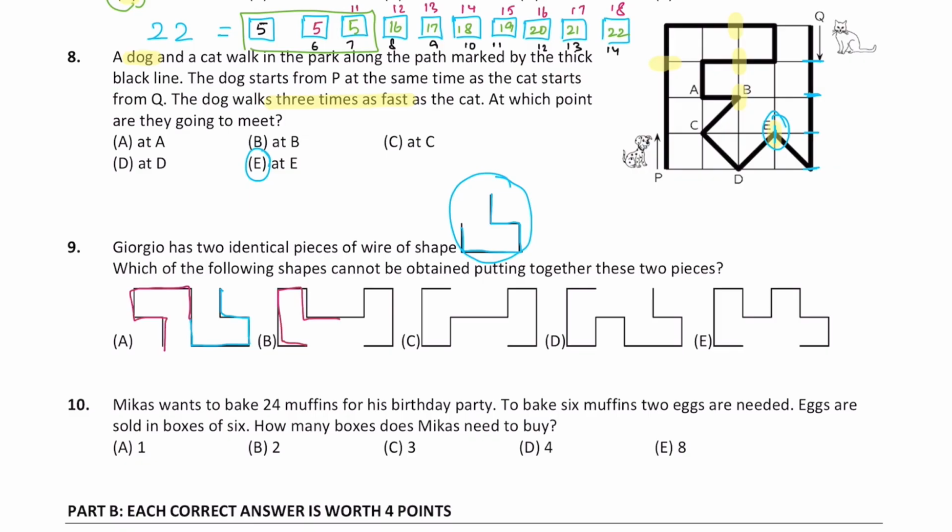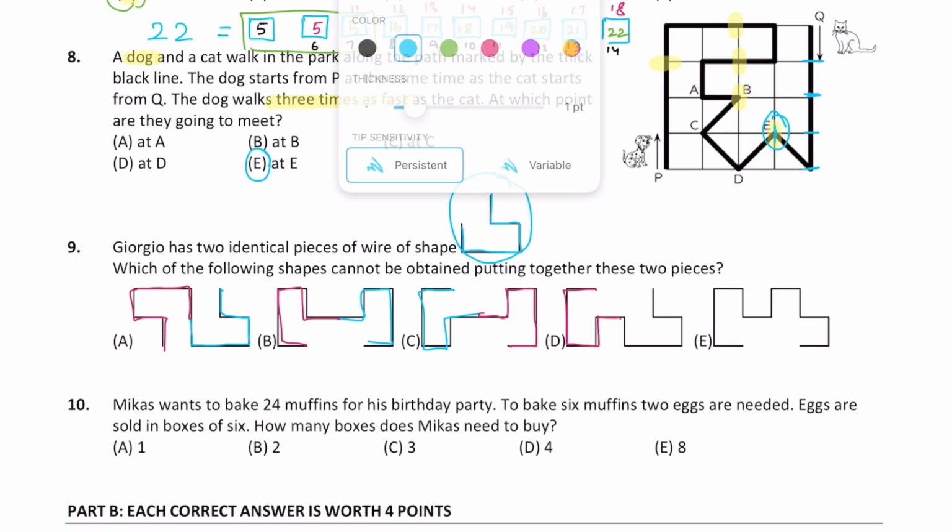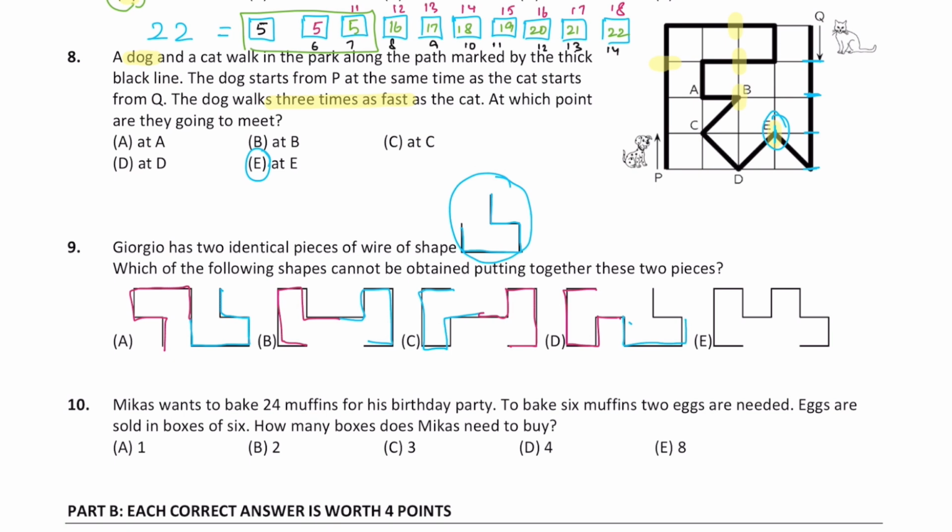This, and then this, this, and then this. Okay, this, and then this, which is correct again. This. Oh, this shape right here is not the same as this shape.